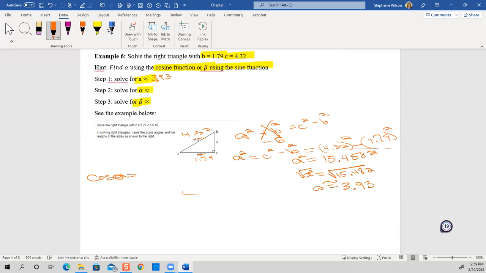All right. So we know cosine is adjacent over hypotenuse, right? In order to find alpha, we have to take the inverse of the cosine. And we know what adjacent is. Adjacent is 1.79 and the hypotenuse is 4.32. So I'm going to plug it in my calculator and use my cosine inverse.